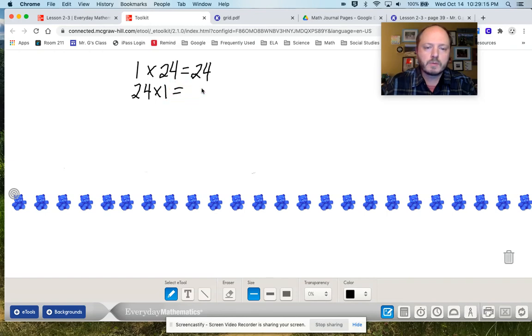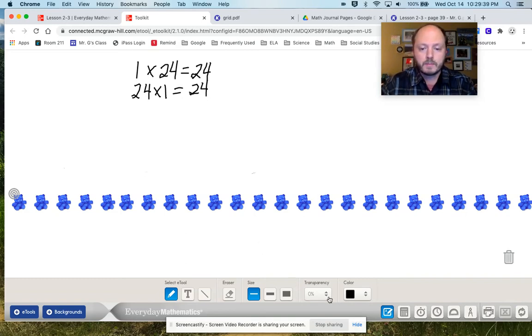Now, those are what we know as the turnaround facts, right? They are essentially the same thing, but thinking of 1 row of 24 versus 24 rows of 1. So they do represent different things, but if you wrote one and didn't write the other, I'm not going to necessarily hold that against you either.